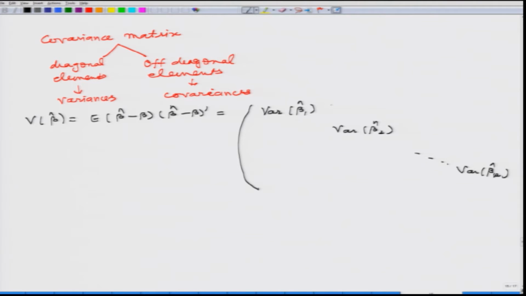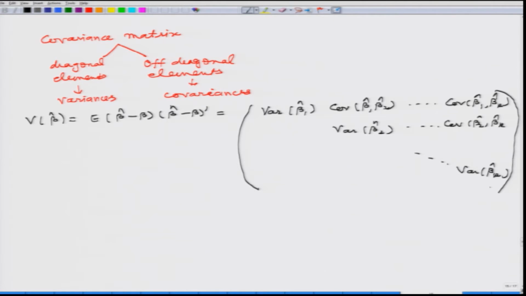On the off diagonal elements we have the covariance between beta 1 hat and beta 2 hat, up to the covariance between beta 1 hat and beta k hat, and similarly the covariance between beta 2 hat and beta k hat.